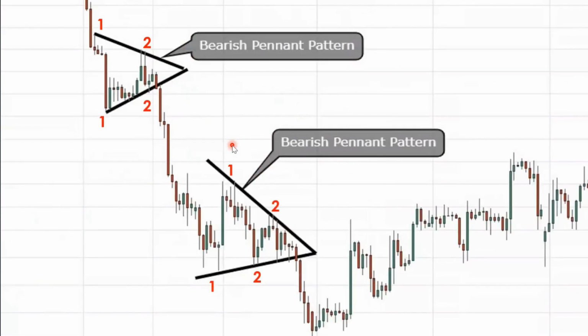Now you have bearish pennant patterns where you do the same thing throughout the chart. Now, when I talk about the pattern shape here, it's best to look at it on the higher time frame. This introduction is just going to go through the basics of it.